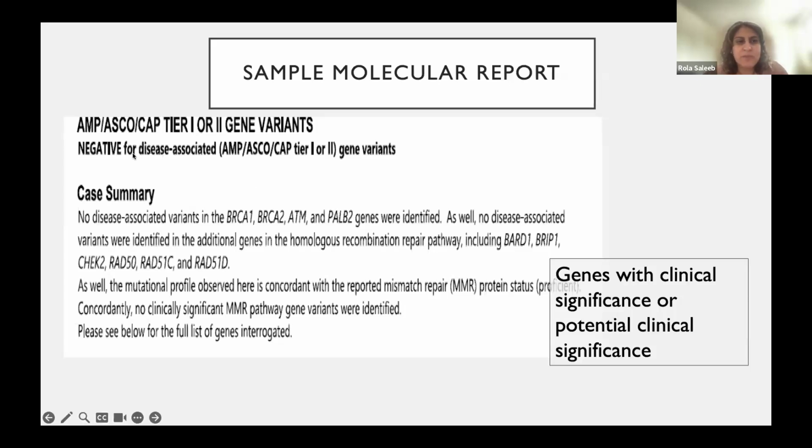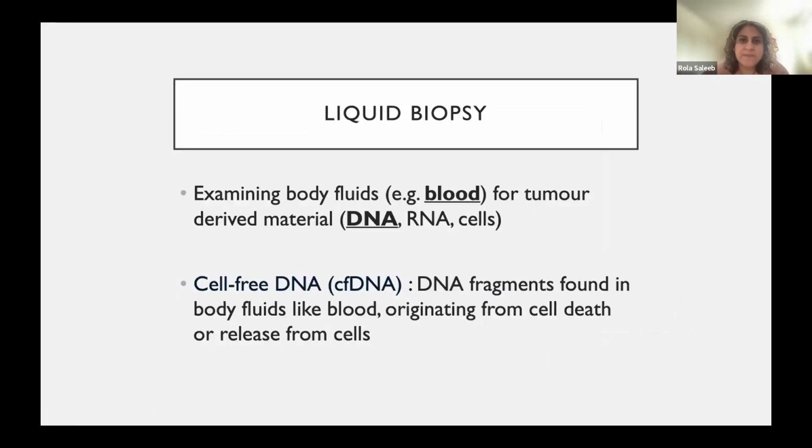So this is what it means when we say negative for disease-associated tier 1 or 2. Tier 1 or 2 are the significant or likely significant mutations that are going to affect treatment. So this patient didn't have any of the genes mutated, so is likely not to respond to this treatment. And this is important information where the patient's clinical team can say, okay, maybe not give him this drug, but give him another drug.